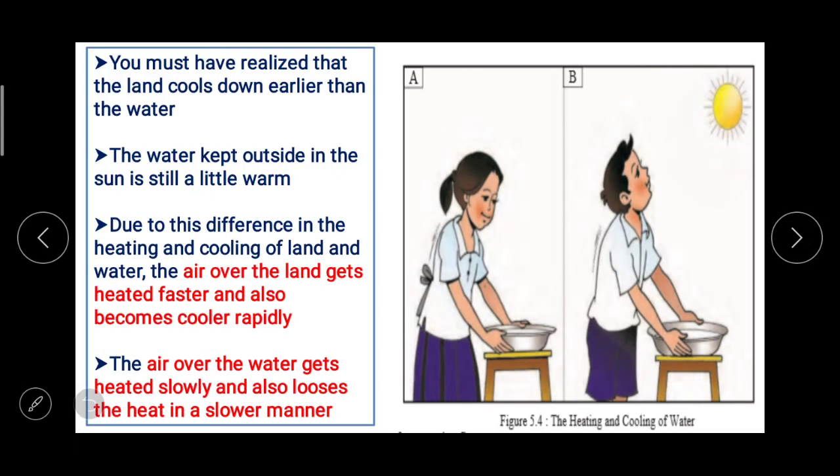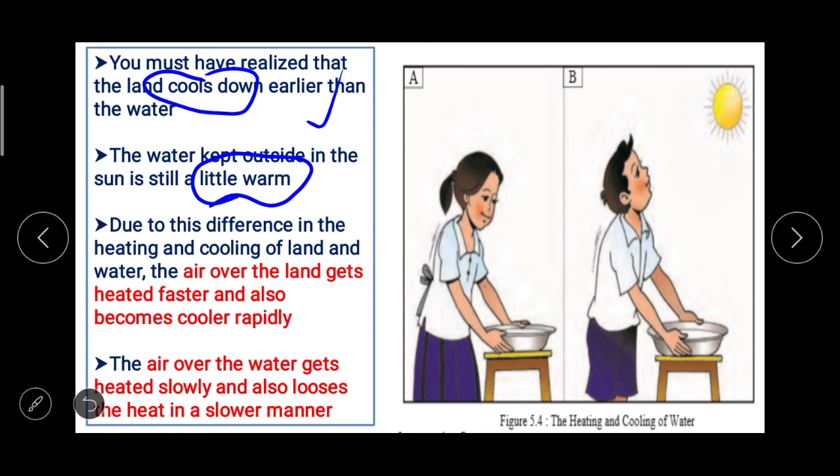Now by this, what we observe or what we understand, you must have realized that the land cools down earlier than the water. ज़मीन जो होती है वो जल्दी ठंडी हो जाती है, टेम्परेचर उसका कम हो जाता है. The water kept outside in the sun is still a little warm.